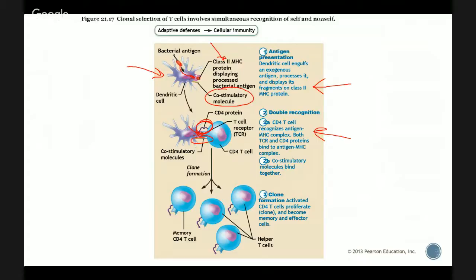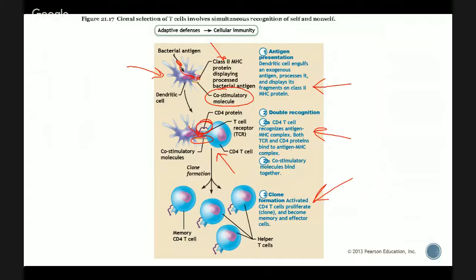And if we get it to lock in both places, now this cell will then form clones of itself. And then these cells are going to proliferate and help activate other cells, okay?